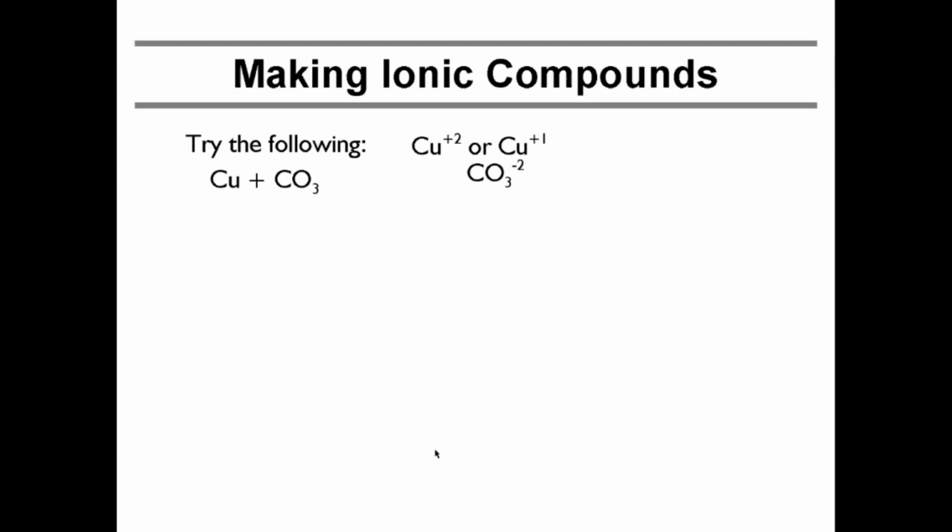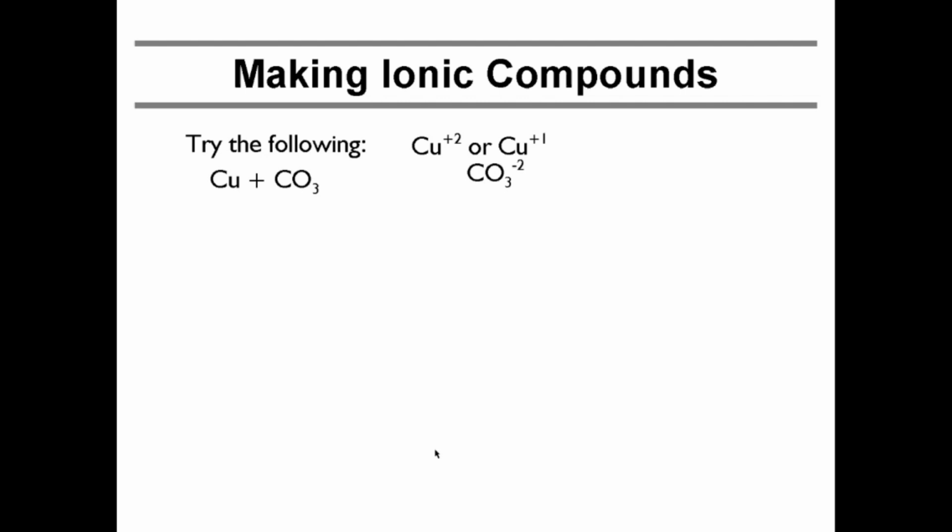Copper can actually be a divalent +2 or monovalent variety of a cation. And CO3 is stuck with a -2. So let's see what 2 compounds you would write down and name them. Would they look different, and would they have different names?